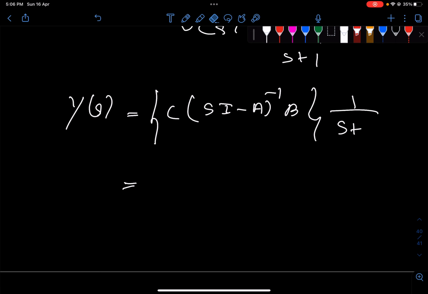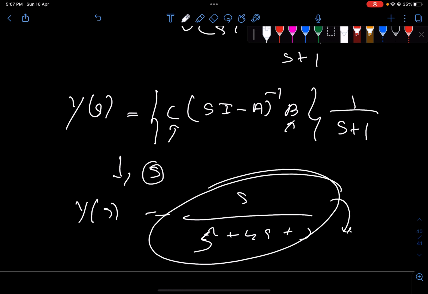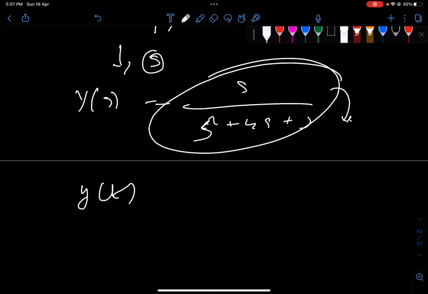You have sI - A in your hand, B also is in your hand. You can solve everything and you will get Y(s) as something s divided by s squared plus 4s plus 3. You can find the inverse Laplace and get the time domain y(t), and the initial condition is there in your hand, so you can substitute there and find y(t), right? That's how we are doing this.